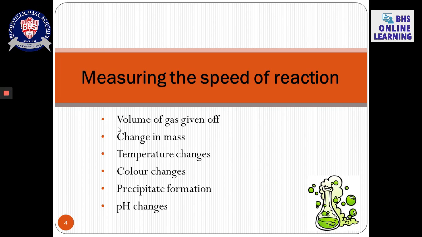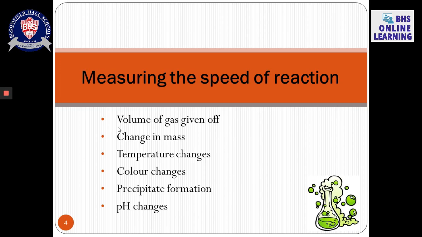That means the products form precipitate. So we can measure the formation of the insoluble solids to find out the speed of that chemical reaction.